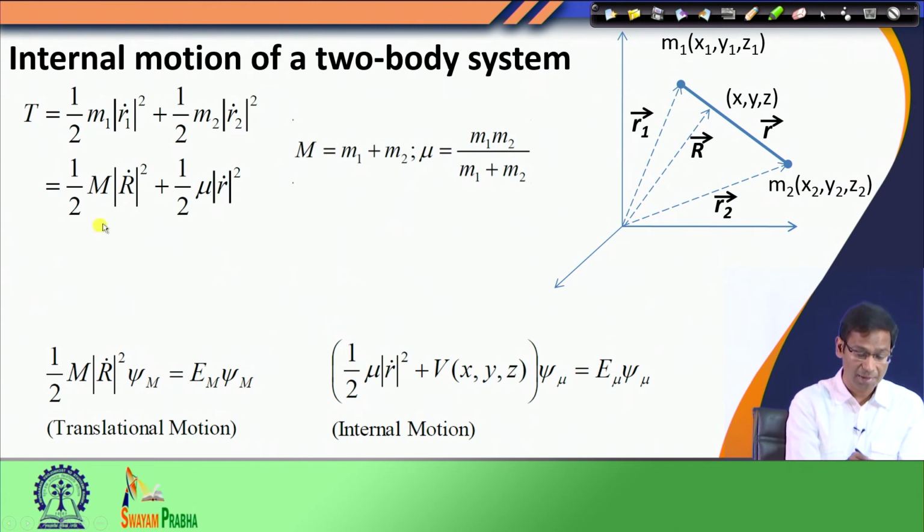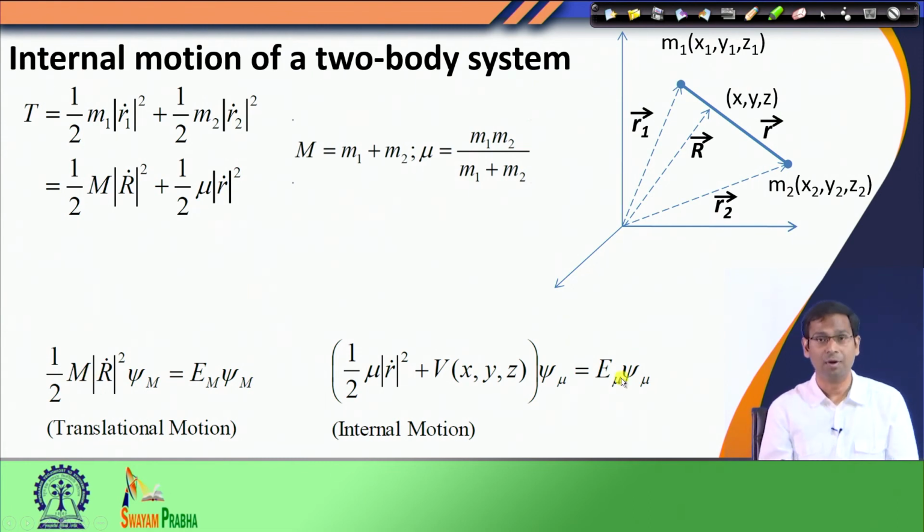So, I can separate this two body problem into one body problems, where the first is essentially the translational motion of a fictitious particle of mass m1 plus m2 at the center of mass of the system, and the second problem is the internal motion. The second problem has this kinetic energy term, and suppose I introduce some external potential that would influence the rotation or the vibration of this two body system.